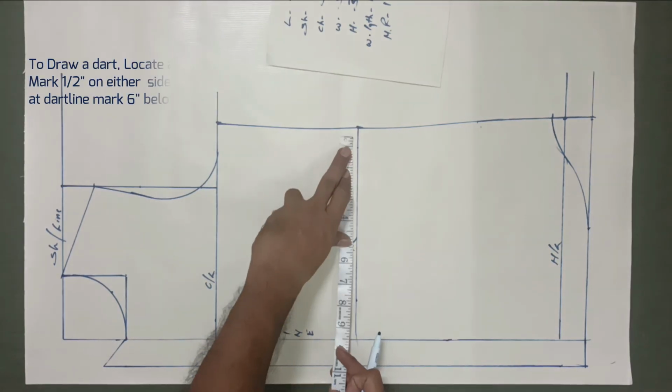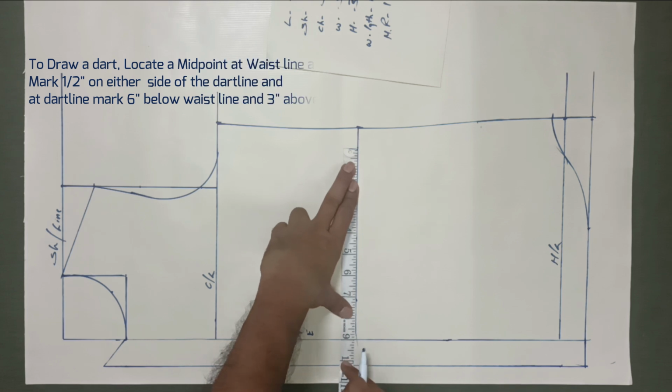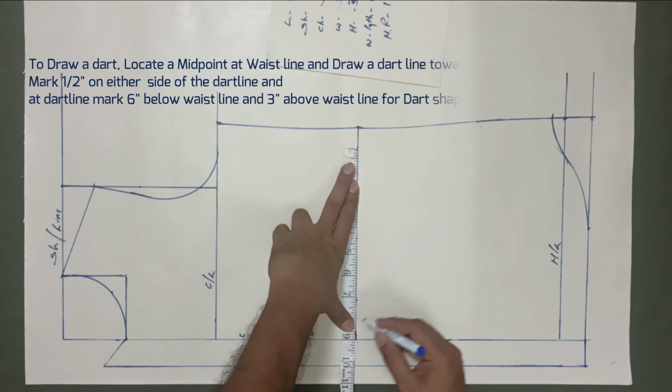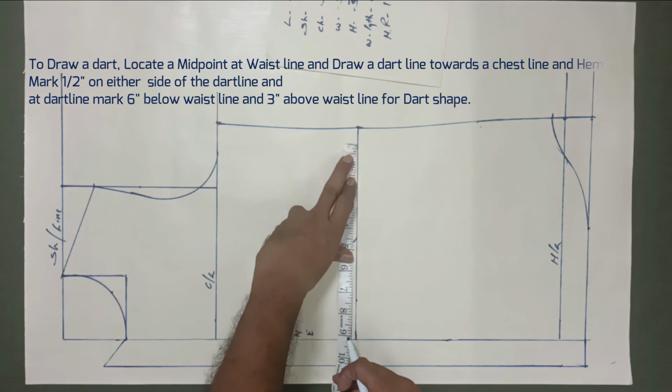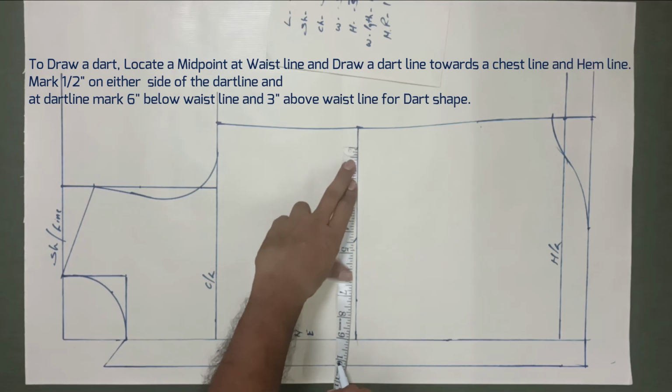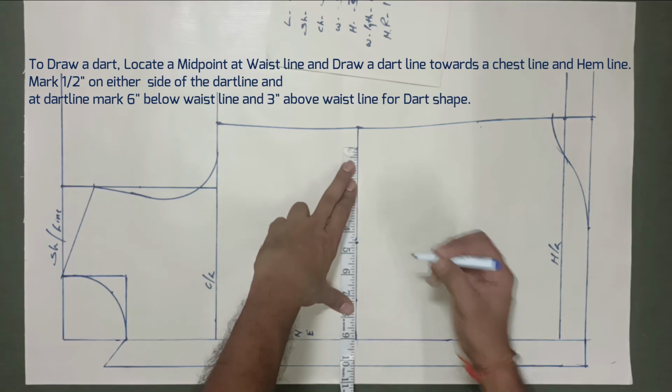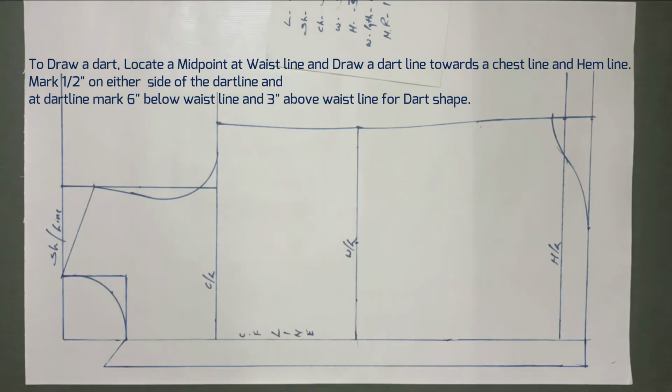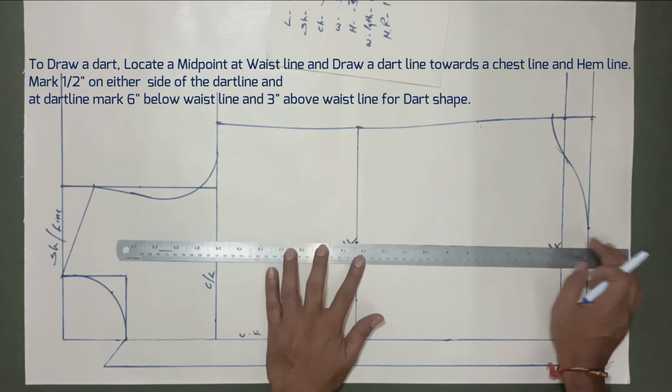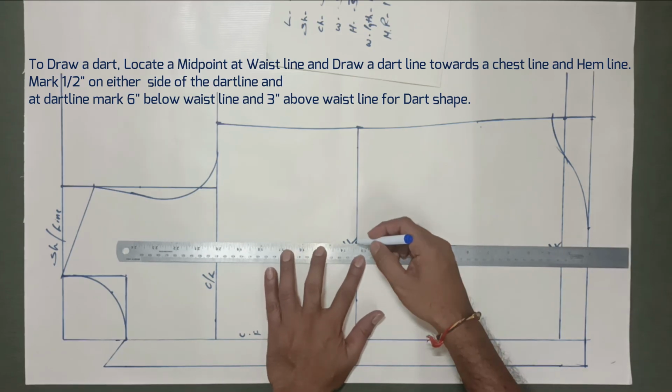Once this is done, draw a dart. From the waist, locate a midpoint from the actual waist measurement, not including the dart. Leave that 1 inch for the dart and locate a midpoint. The waist round is 9 inches. Mark the center, that is 4.5 inches, and draw a line.